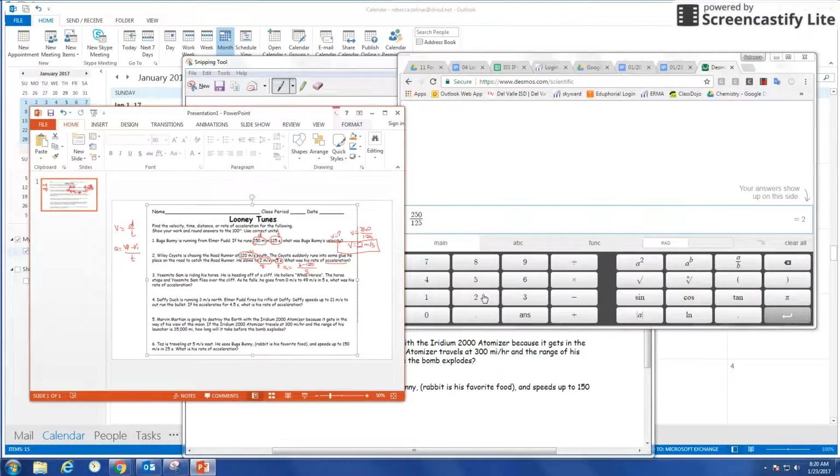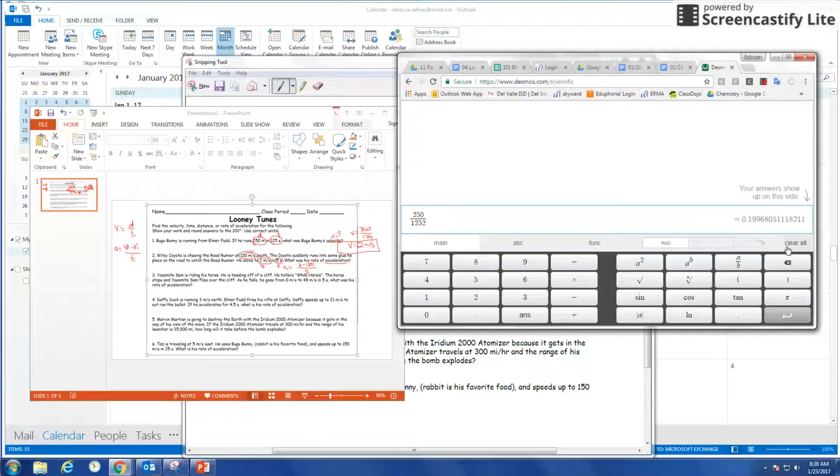All right, so I have 2, let me clear. 2 minus 120. That's giving me negative 118. You know what, actually I'm going to put these in parentheses. So 2 minus 120 divided by 5.